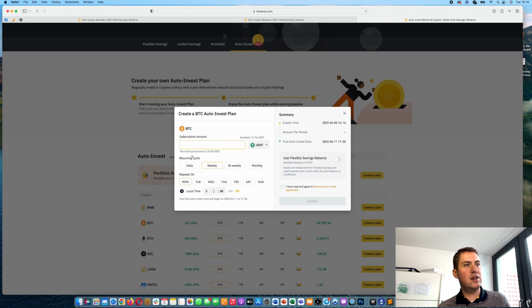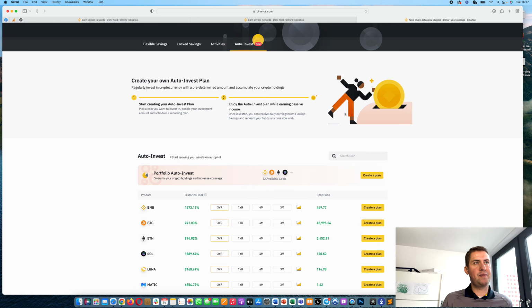Then you have to specify how much you want to invest, and then it automatically does the auto investment every week. It's a good way to do dollar cost averaging, so you don't buy at a specific price, but you split your amount you want to invest over a certain period of time, and then you get an average price, which could be good or bad for you, depending if the price goes up or down or stays the same.